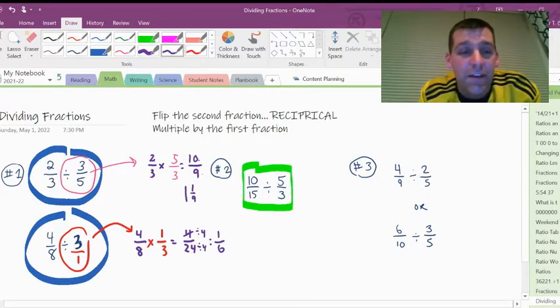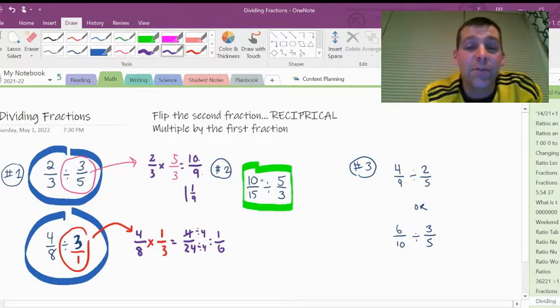Unlike my first two examples, where 2 can't be divided by 3, it ends up being like 0.66, and 3 divided by 5 is again not going to give me a whole number. Similarly, 8 divided by 1 is fine, but I can't divide 4 by 3.